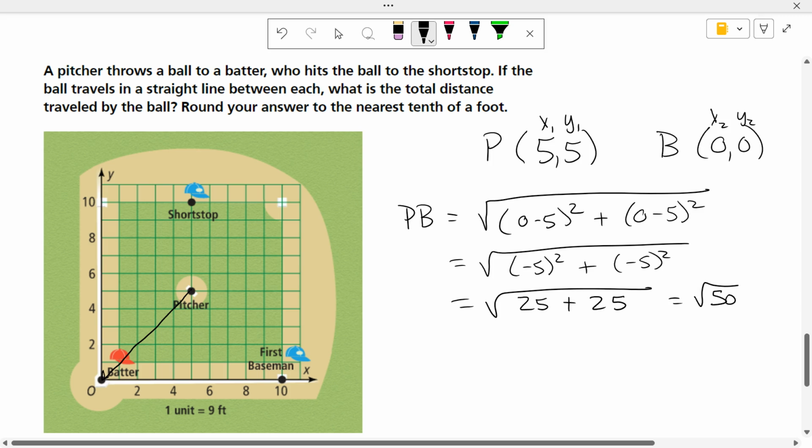Now, they say round your answer to the nearest tenth of a foot. So on your calculator, put in the square root of 50. You should get like 7.1-ish? 7.07 to the nearest tenth is 7.1.